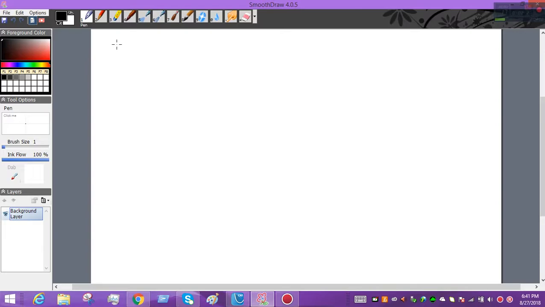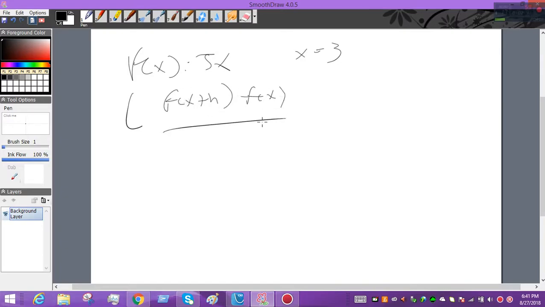So problem number 1. f of x equals 5x, and it wants to know what the derivative is at x equals 3. So we can redefine this as the limit, big L, as h approaches 0, of f of x plus h minus f of x, all of that over h.